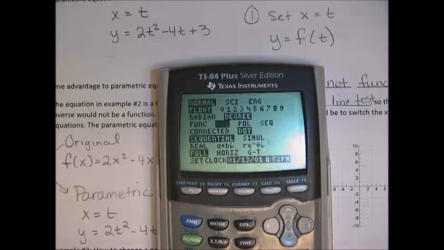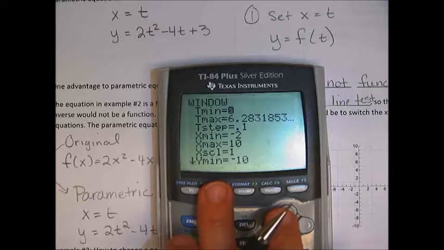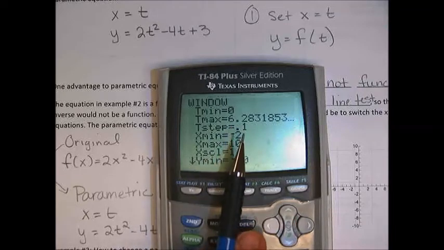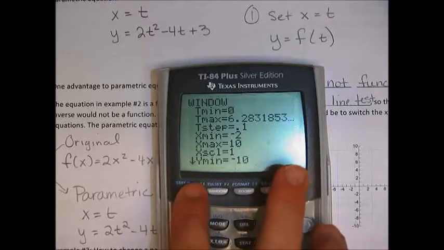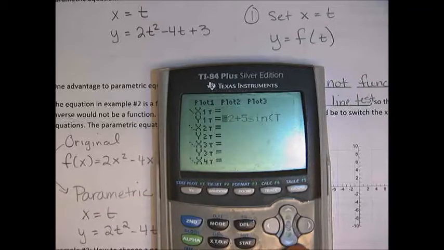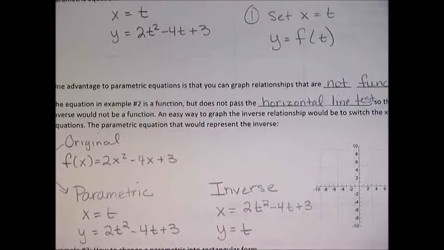And then anytime we're changing the window, that shows up in the equation tab on the Inspires, you're going to need to change your window by pressing the window button. So the T-min and the T-max, you're going to press the window button. One other thing to note in the 84s, when you press the variable button, the x, t, theta, n, notice that it will just type t's for you. Do not use x's, and that's true for both calculators. So if you have an 84, you should be able to follow along.